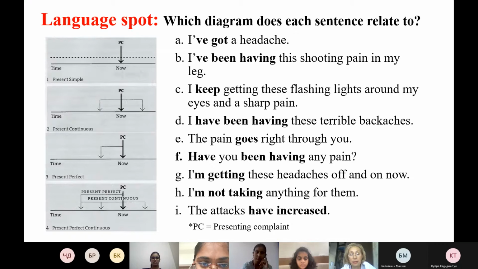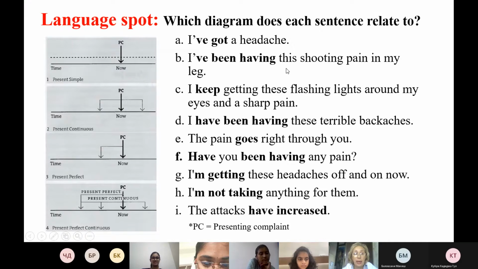To the left, you can see 4 diagrams that illustrate the rules of using these 4 tenses. If we look at the diagrams, we can see that they describe PC. It means presenting complaint.